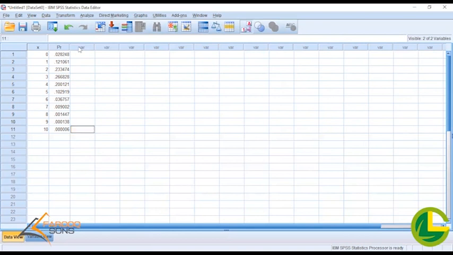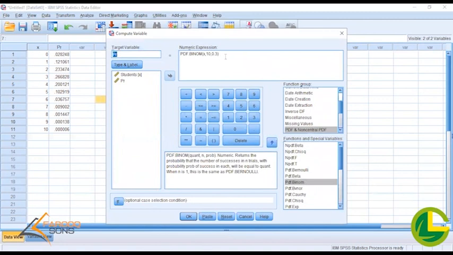So you have to define a variable here, or you can just apply the command and define the variable. When you do this, see: transform, compute variable again, and then remove this PDF function. Remove this by probability.